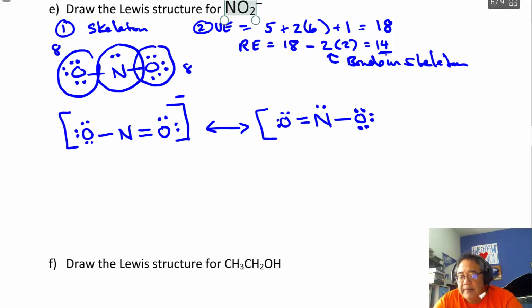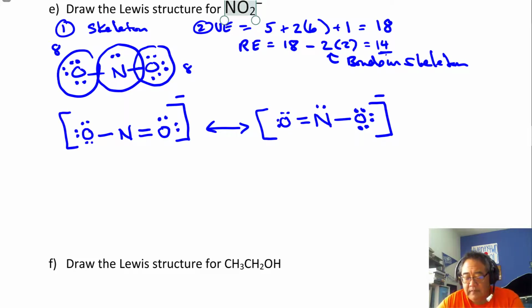Okay? Oh, sorry. And brackets and a minus charge out here. Now, if you remember, when we were doing this before, it was that oxygen that had the extra electron because that's the one that needed it. But we don't actually do that at this level. Again, in Chem 1A, we would figure out where all those charges go.